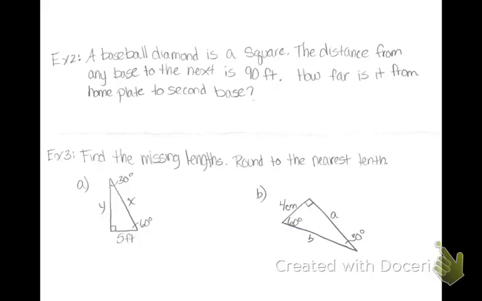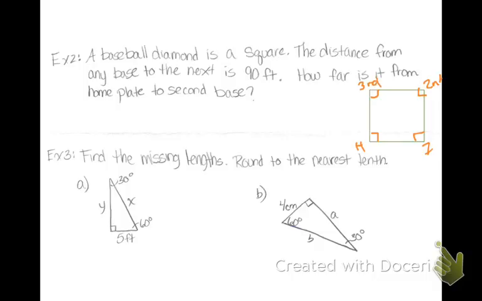A baseball diamond is a square. So immediately that tells me that each angle of a square is 90 degrees, okay? Here's home plate, first base, second base, third base.